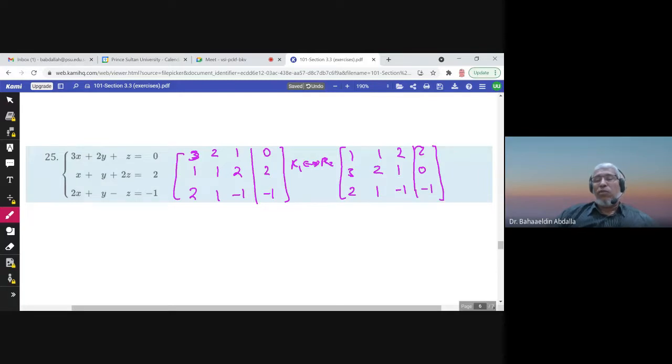I need to use this number, which is 1, to make 3 zero. So negative 3 R1 plus R2, and negative 2 R1 plus R3.